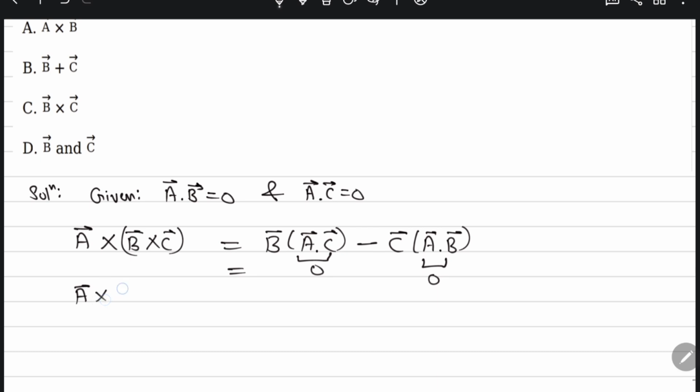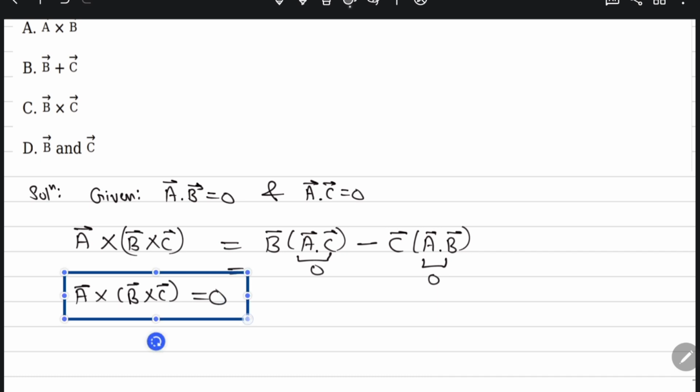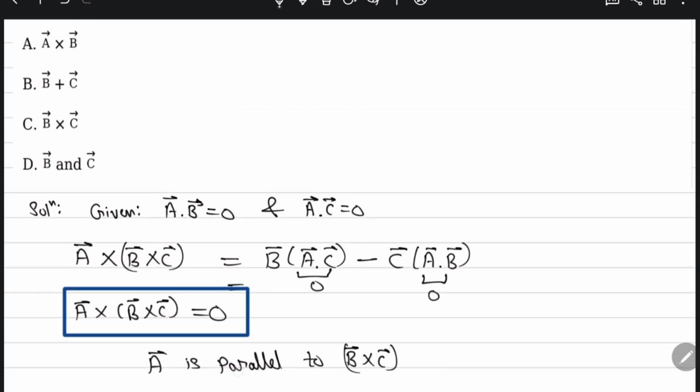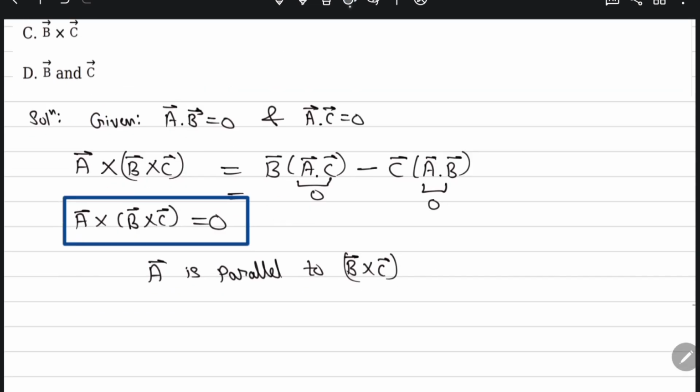So A cross B cross C is equal to 0. That means A vector is parallel to B vector and C vector. So which option is correct? Option C is correct. Getting my point?